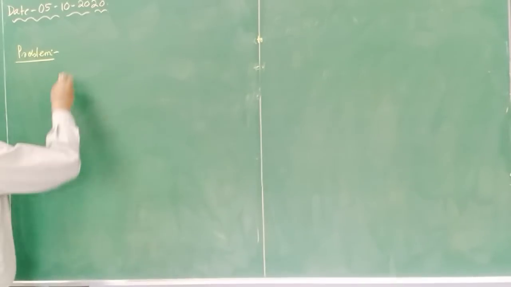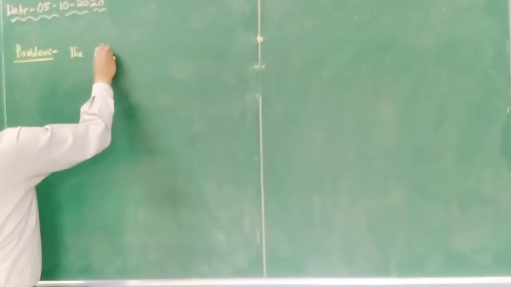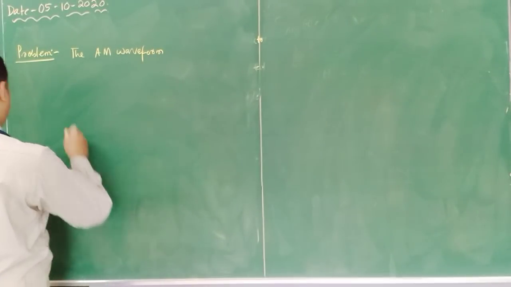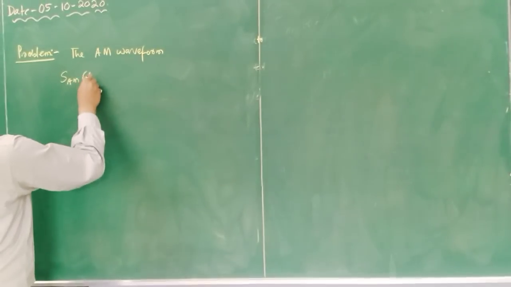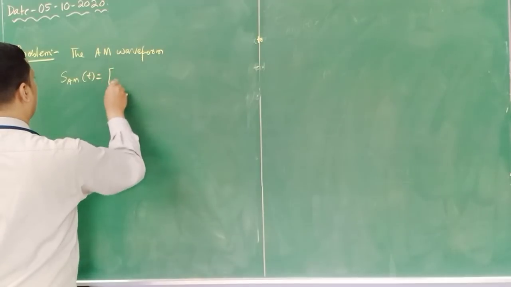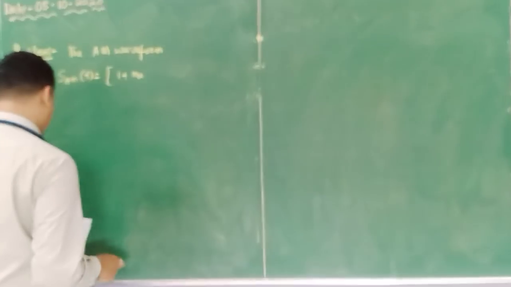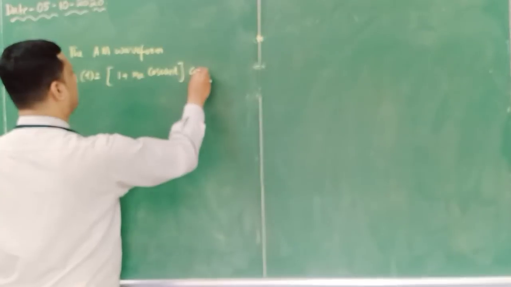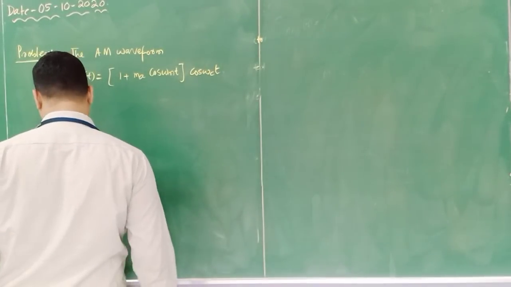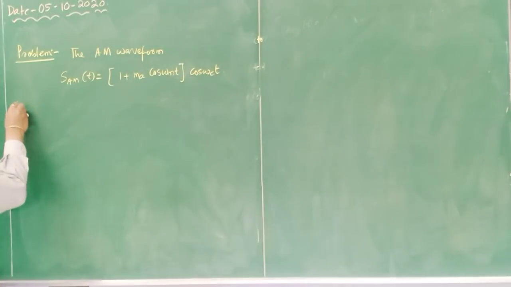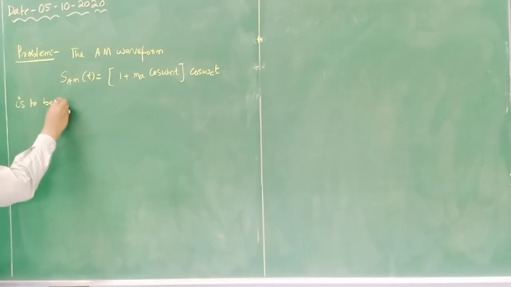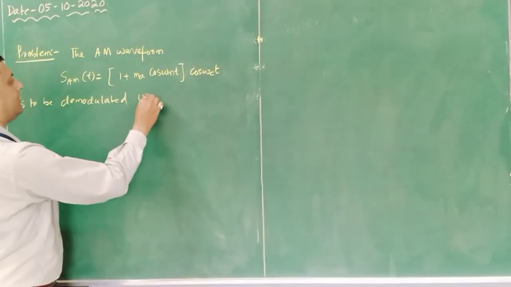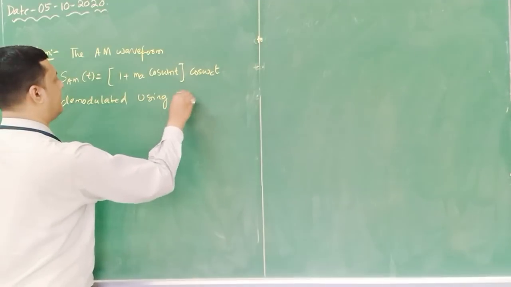The amplitude modulated waveform, the AM waveform, S suffix AM of t is equal to 1 plus MA cos omega mt into cos omega ct, is to be demodulated using an envelope detector.